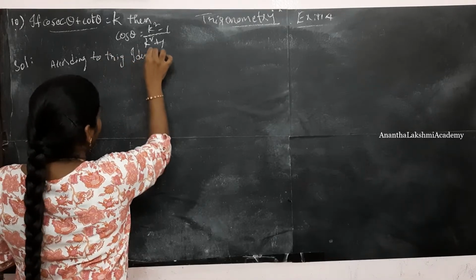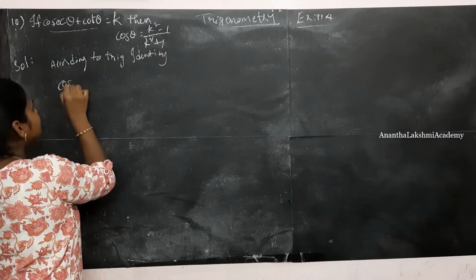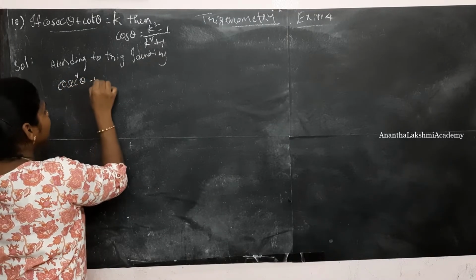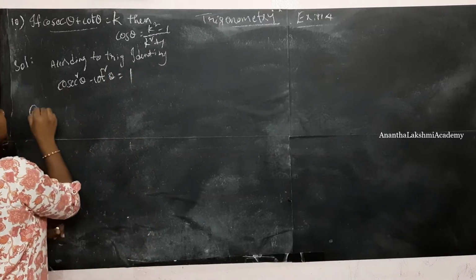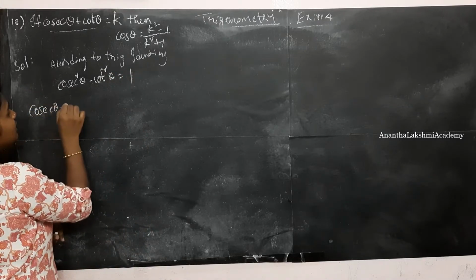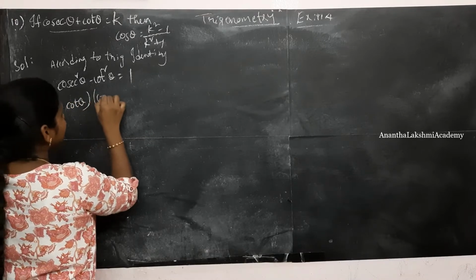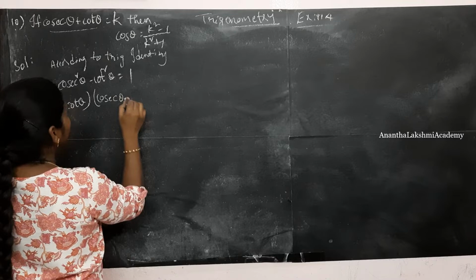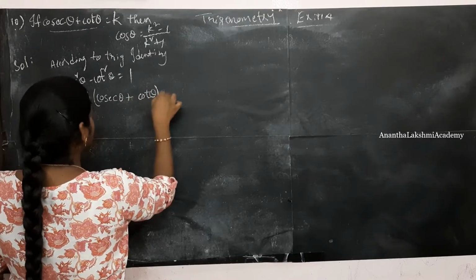what is the identity which we have derived? Cosecant square theta minus cot square theta is equal to 1, which is cosecant theta minus cot theta into cosecant theta plus cot theta equal to 1.